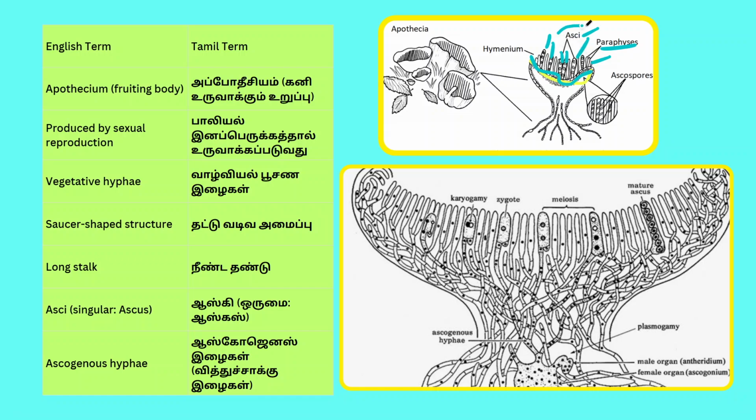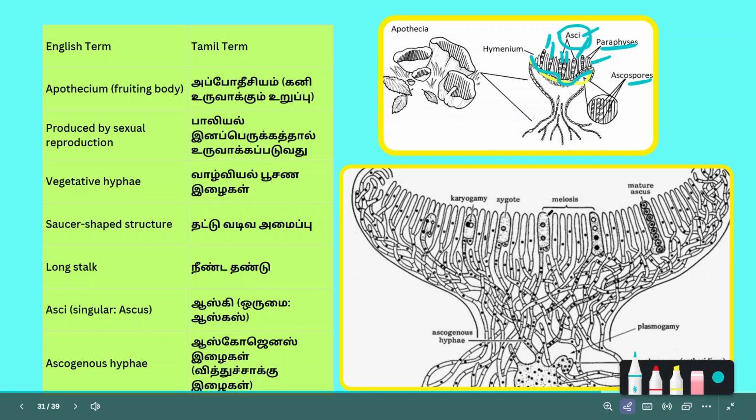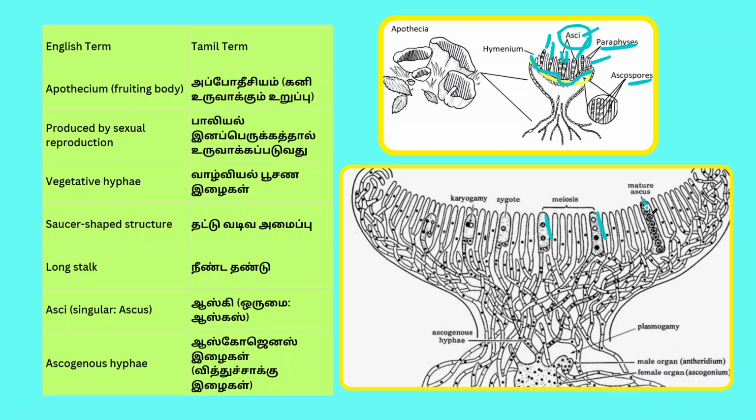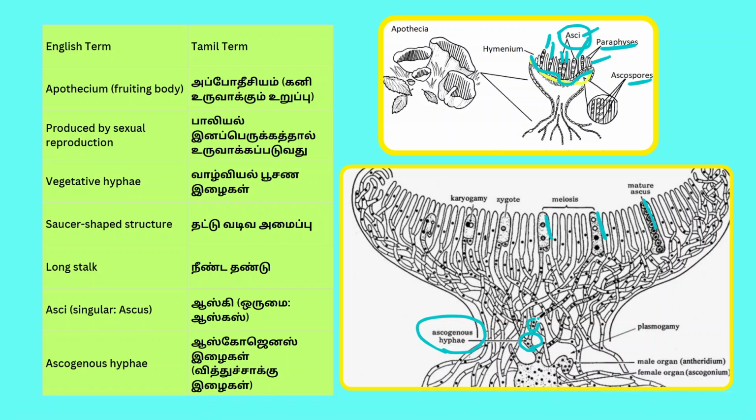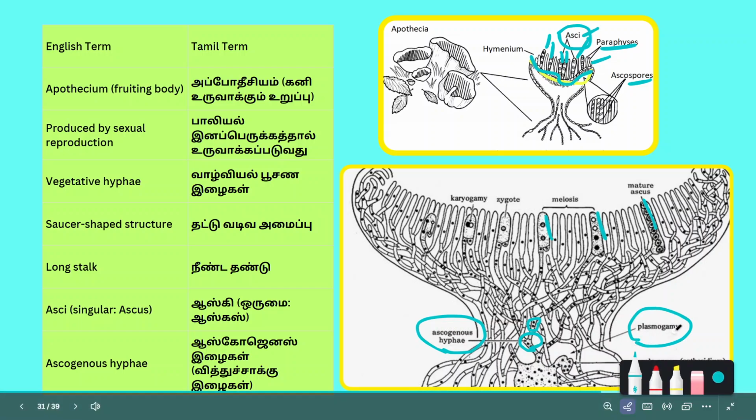And what is the function of the asci? They produce ascospores. And now the detailed structure you can see here. These asci are produced by ascogenous hyphae. Now kindly recall that ascogenous hyphae are hyphae having two nuclei, one from the male strain, another from the female strain, formed because of a phenomenon namely plasmogamy.